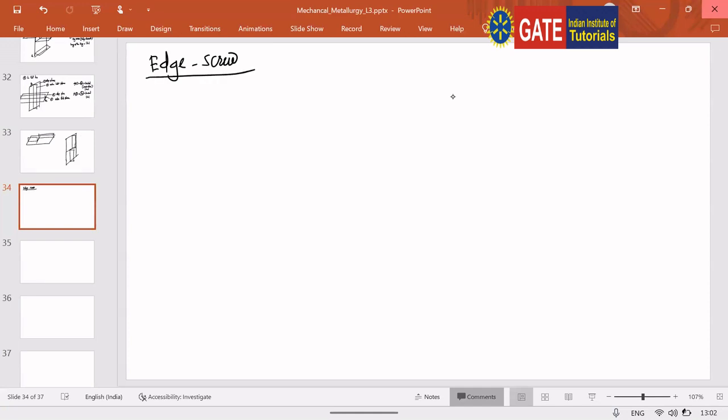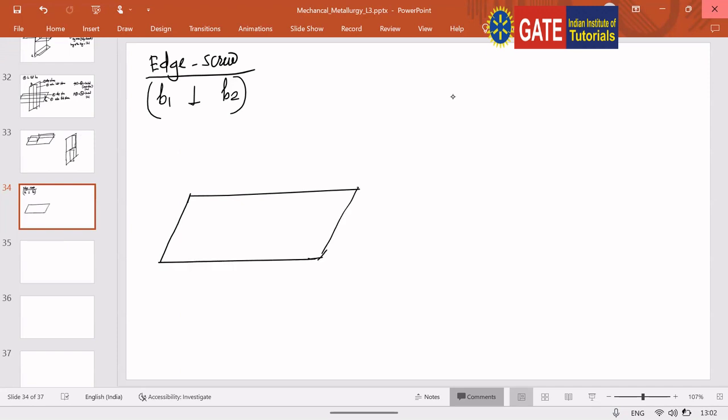Let's say an edge dislocation with a Burgers vector B1 and a screw dislocation with Burgers vector B2, and they are perpendicular to each other in this case. Let me try to draw the figure so things will be more clear. This is your slip plane one. In that you have the extra half plane like this, and it is moving horizontally with a Burgers vector B1.